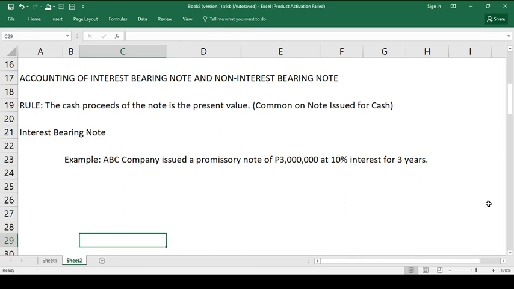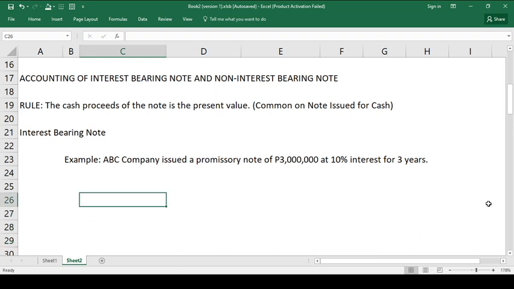So how are we going to account for the interest bearing note issued? Again, the rule was the cash proceeds of the note is the present value of the note.